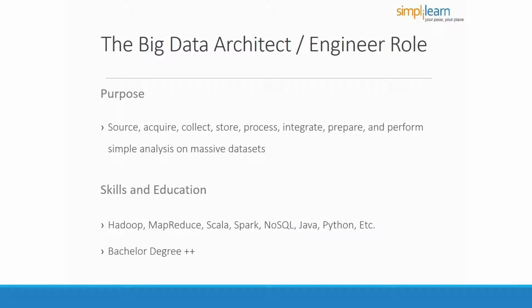As far as the skills and education that are required, most position descriptions, most job ads out there are asking for a bachelor's degree or higher training, as well as skills in Hadoop, MapReduce, Scala, Spark, NoSQL, Java, Python, among others. The skill requirement definitely isn't limited to that list, but you could expect to see these requirements in the job advertisements.